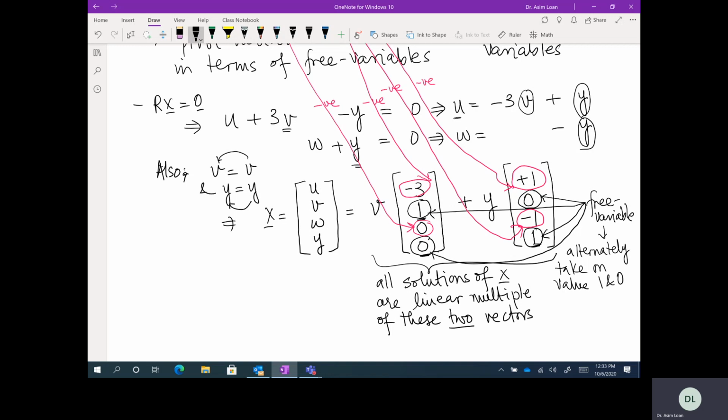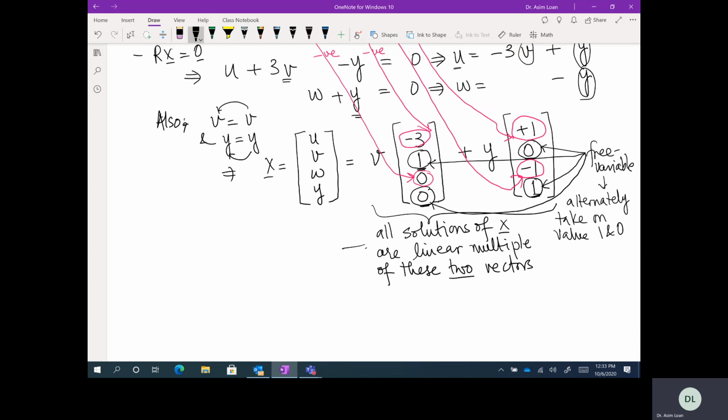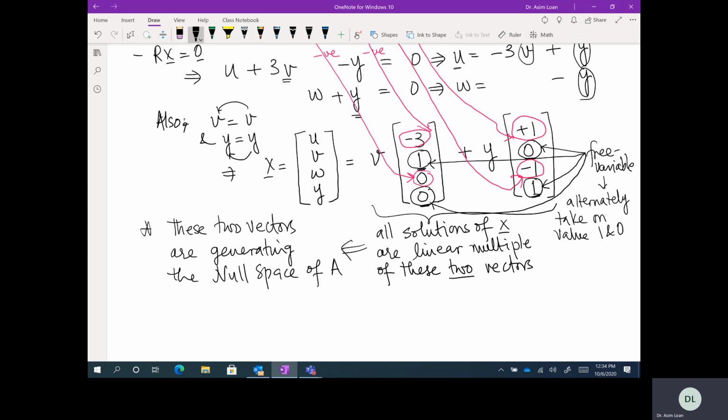So these two vectors are generating, and this is an important thing, they are generating the null space of A. Why?